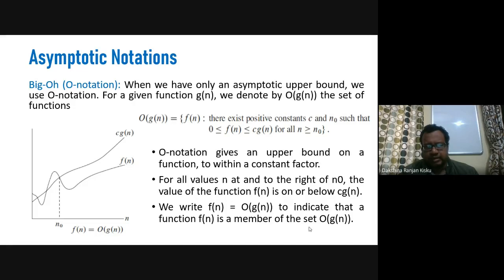That means big O notation gives the asymptotic upper bound. Asymptotic upper bound means, which type of complexity does it represent? Big O notation: best case time complexity, worst case time complexity, or average case time complexity?